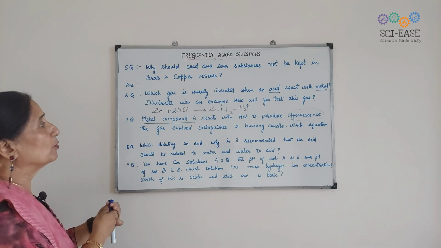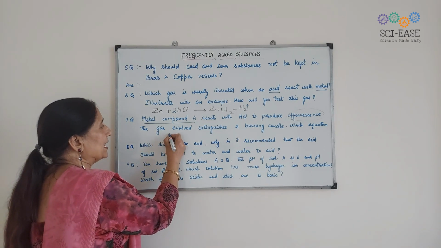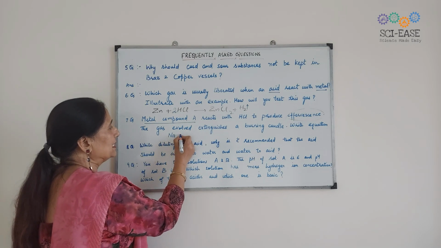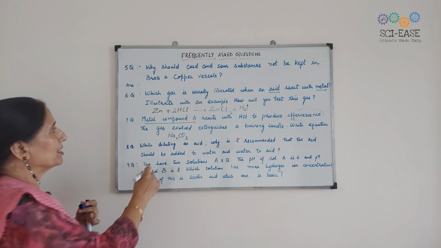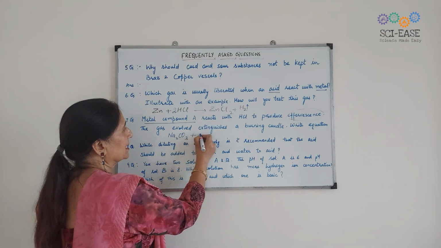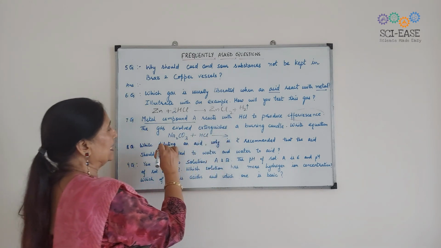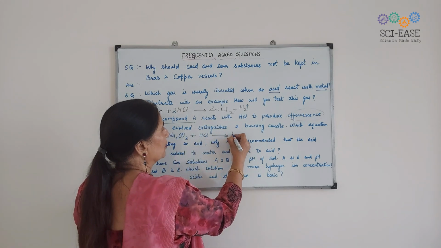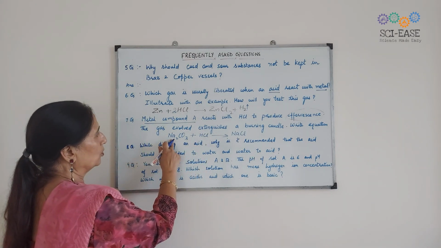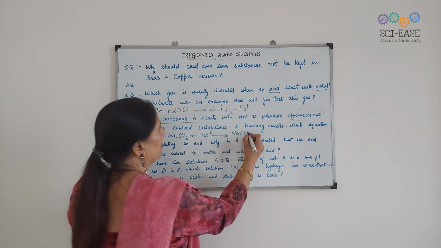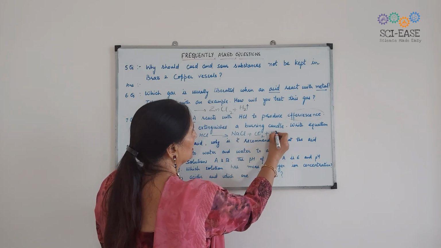Which metal compound will you take? You will take sodium carbonate. Sodium carbonate plus HCl; any carbonate or bicarbonate you can take. What will be the result? This will result in the production of sodium chloride plus carbon dioxide plus water.